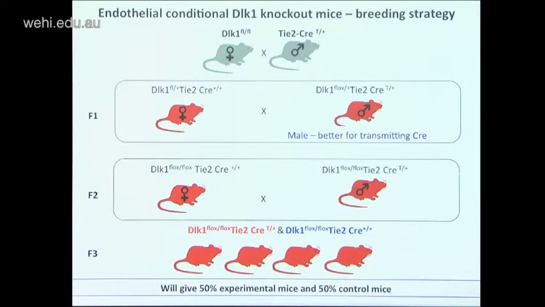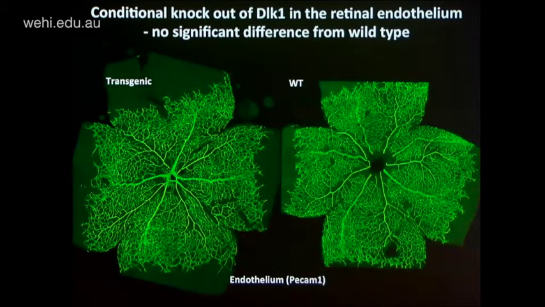So what you get at the end is 50% experimental mice where the Dlk1 is deleted in all endothelial cells and in most of the hematopoietic cells, and 50% control mice. Using the conditional knockout mice, compared to wild-type mice, on gross examination there's no significant abnormality, but more detailed statistical analysis is pending.